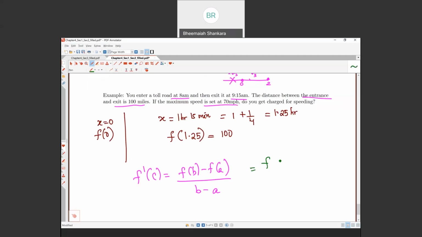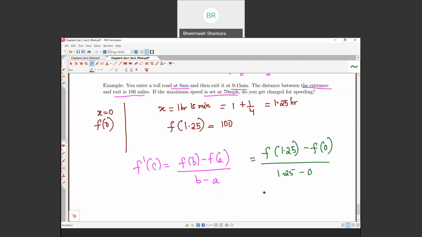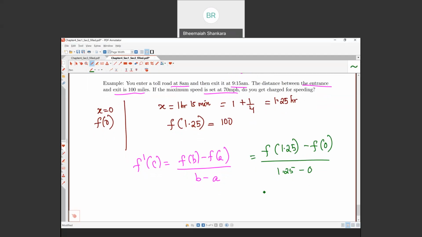So this will be the functional value at 1.25 minus the functional value at 0, divided by 1.25 minus 0. f at 1.25 is 100, and at time 0, the distance covered will be 0 because you are at the starting point. So f(0) is 0. Do the difference in the denominator, 1.25. Simplify. You have 80 miles per hour.